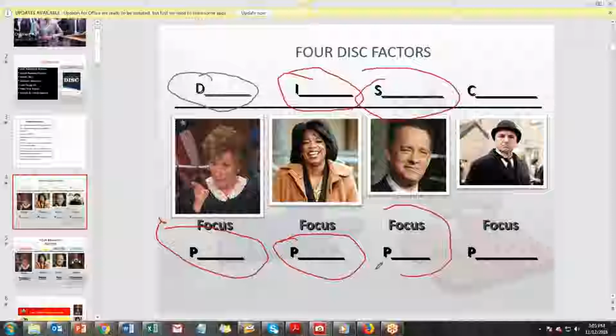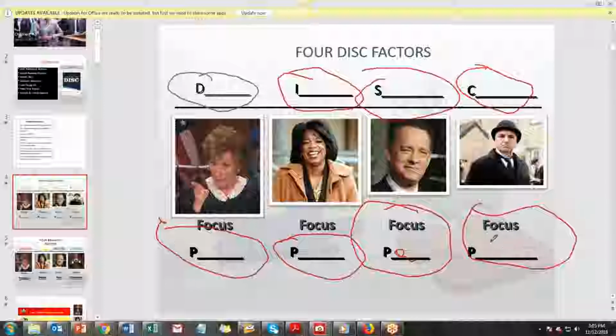And the P for steadiness is pace, P-A-C-E. And C is compliance to rules and procedures. And the P for the C is, I'll have to review my notes. All right, P for C is procedure. Procedures. Yeah.